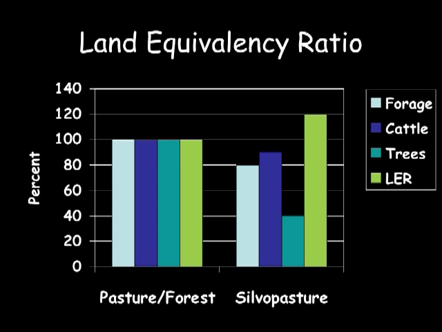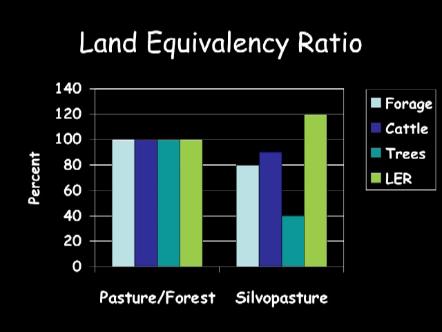If I have a forage system, and that forage system in monoculture, it can only produce as much as it can produce. That's land equivalency ratio of 100 or 1, depending on how you want to call it. Same way with the livestock. If I have a forested system, I got 100% land equivalency ratio.